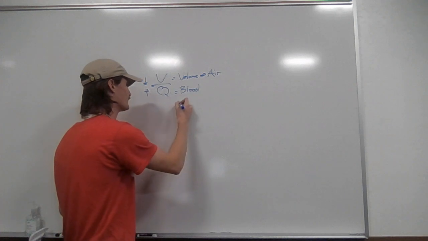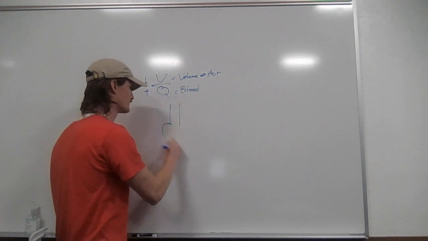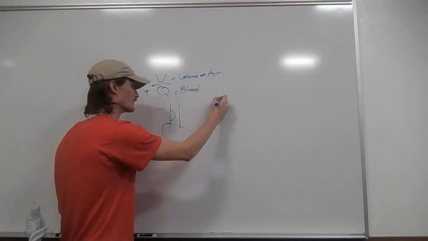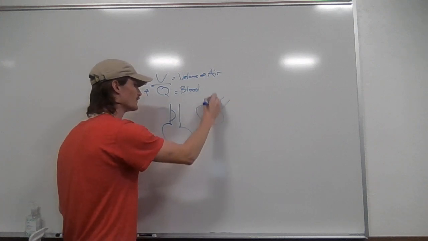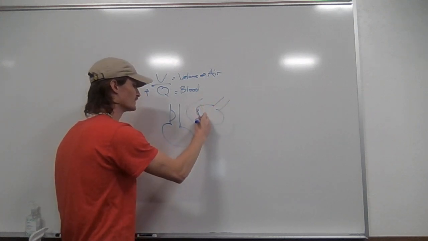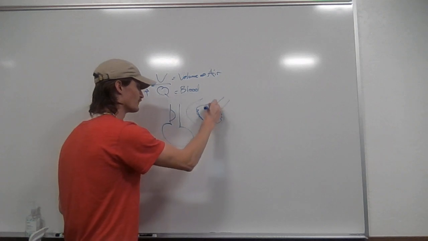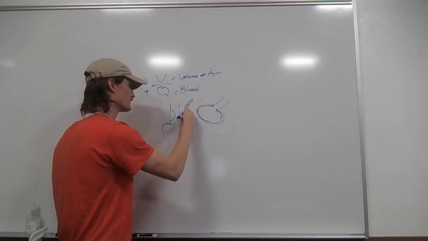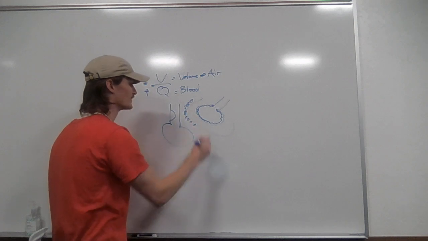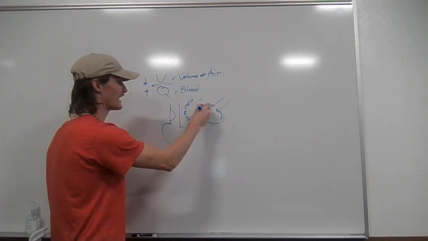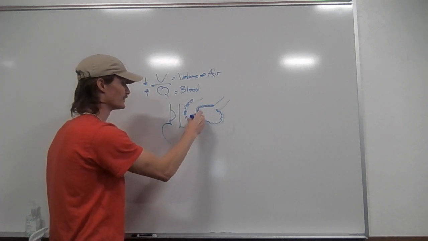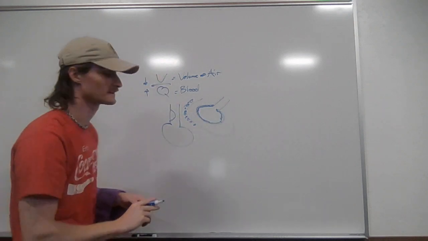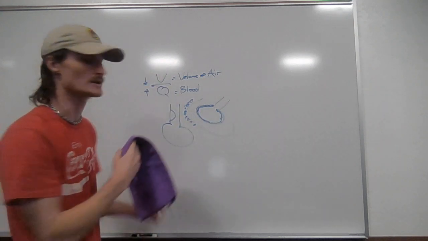So if we have problems with our breathing, if these get obstructed, or if in our lungs themselves we have mucus, the amount of air that we can intake is going to be a lot lower because we have space being taken up by this fluid that we have in our lungs now. That's going to decrease our volume. So that's going to in turn give us a lower VQ ratio.